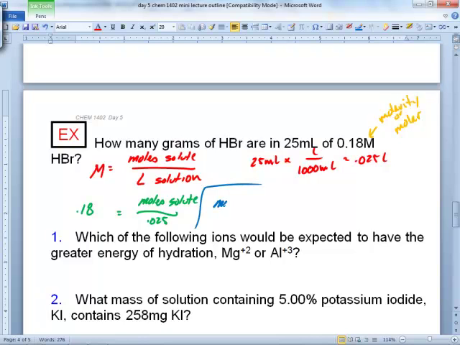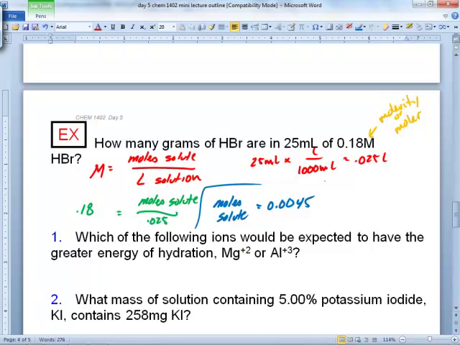So my moles of solute. Jessica, what'd you get for the moles of solute? The 0.18 times the 0.025. 0.0045?